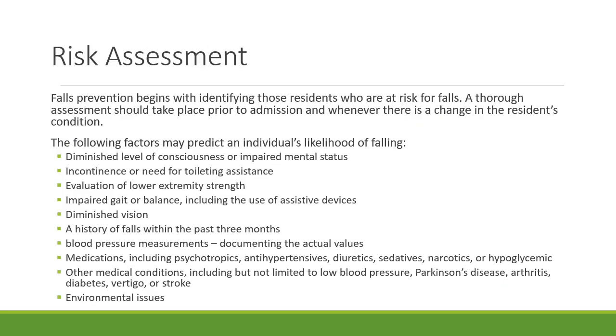Risk assessment. Fall prevention begins with identifying those residents who are at risk for falls. A thorough assessment should take place prior to admission and whenever there is a change in the resident's condition.